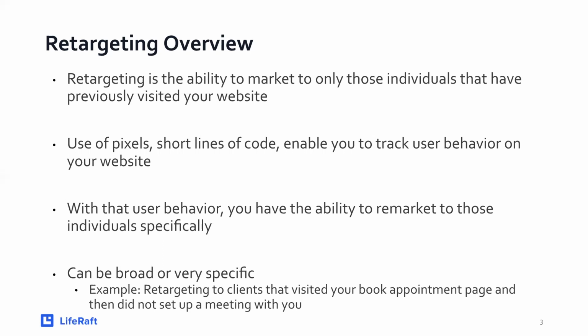And so that pixel and those cookies are important because what you can then do is use the pixel, and each platform will have its own pixel. Let's say you add the Facebook pixel on your website and I visit your website. What Facebook's going to be able to do is say, okay, Nimish went and visited these websites. We know that. And so as we look at offering up this ad or serving the ad, it's going to go to Nimish because we know that he's been on certain sites, right?